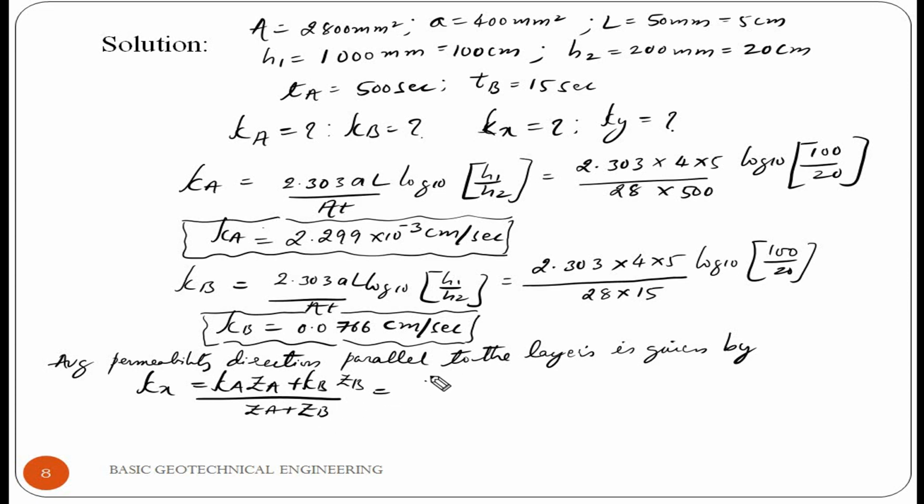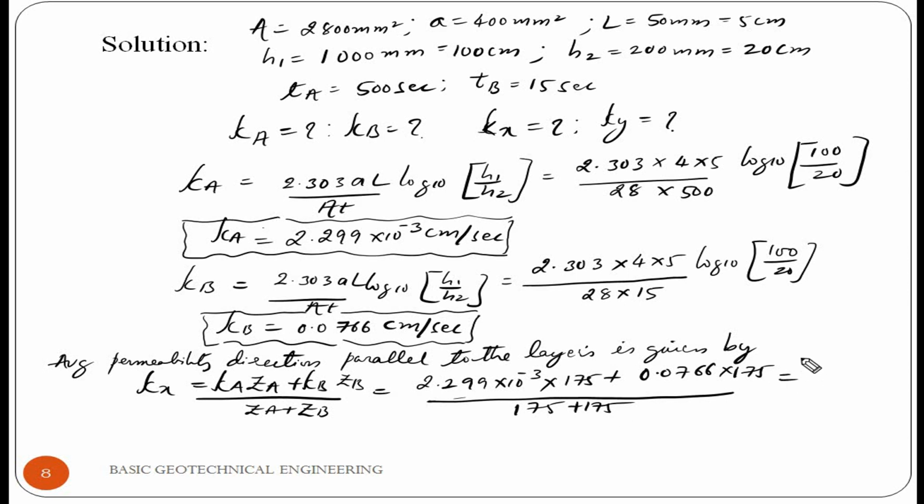We know the Ka value, 2.299 into 10 to the power of minus 3, into Za thickness 175, plus 0.0766 into 175, whole divided by 175 plus 175. The value comes around 0.03914 centimeter per second.